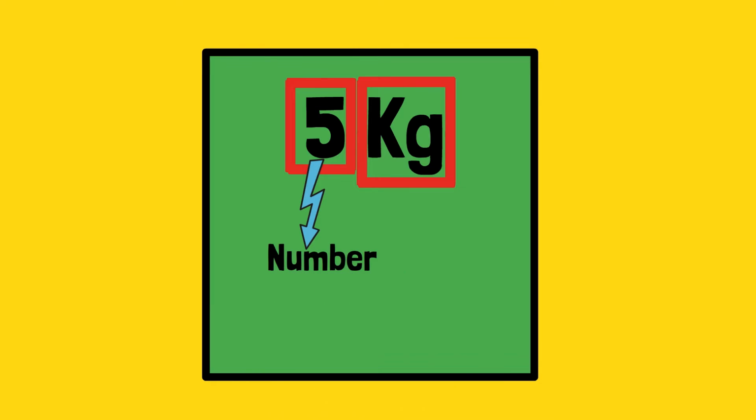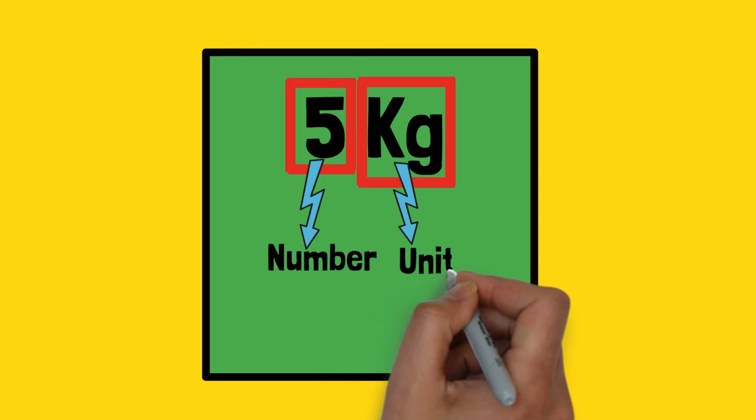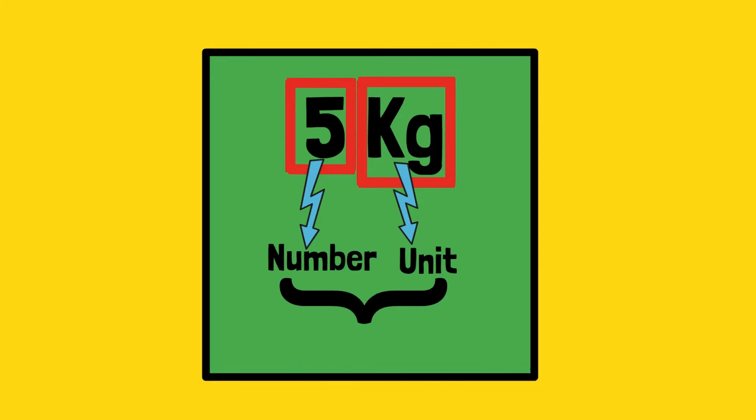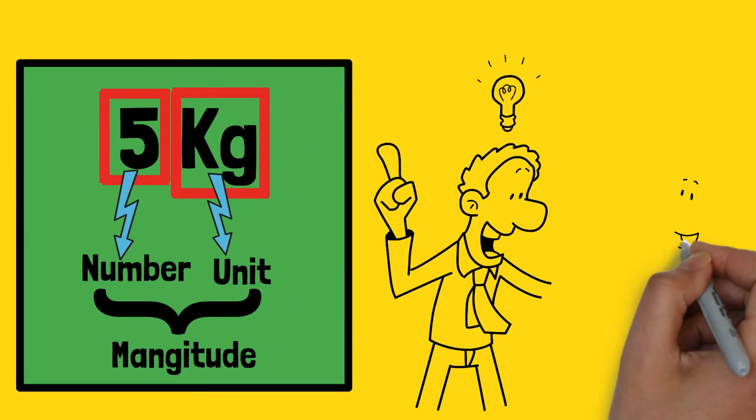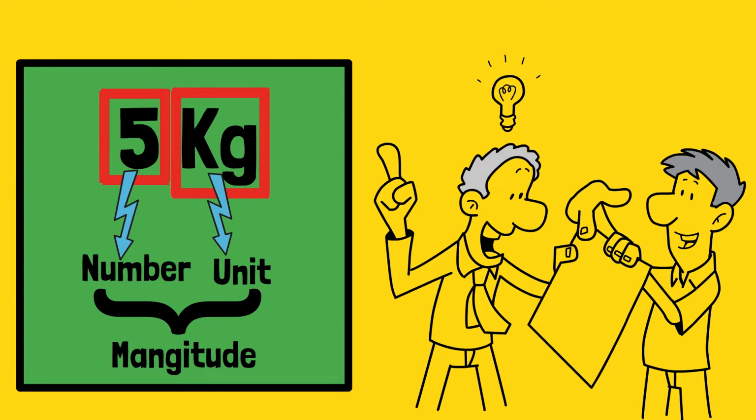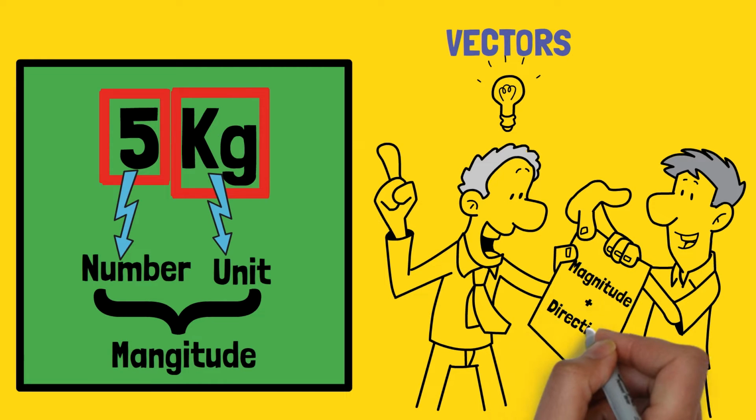Hence, scalar quantities only require a number and a unit to completely specify, which we call magnitude. In addition to magnitude, vector quantities require direction for their complete specification.